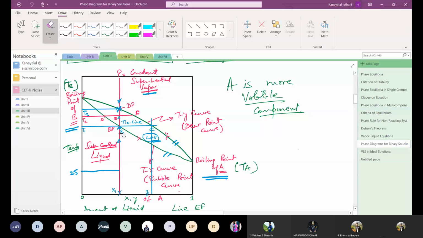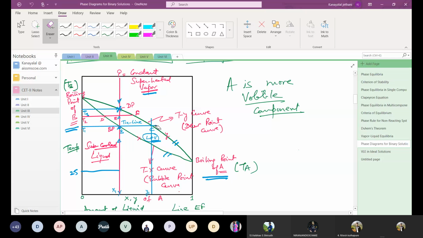If I take methanol water, first methanol will start evaporating, then water will start evaporating, because methanol is low boiling, its temperature is less. So methanol evaporates more first, and water starts evaporating a little later. That is why the vapor is always richer in the light component.